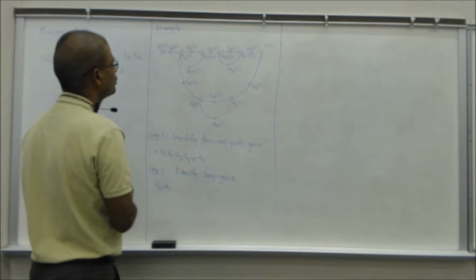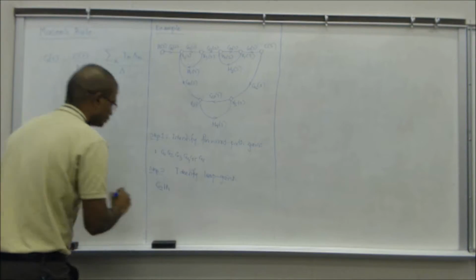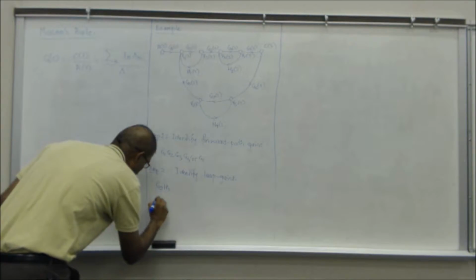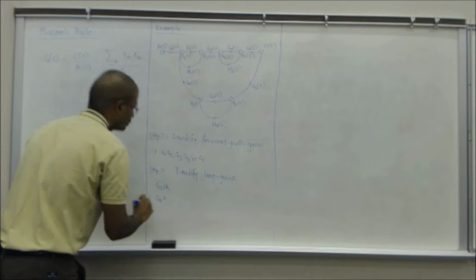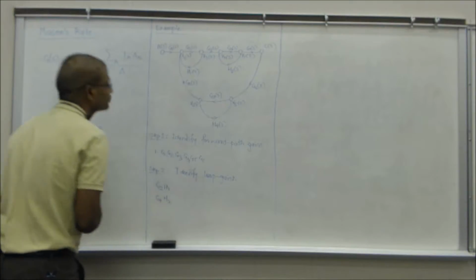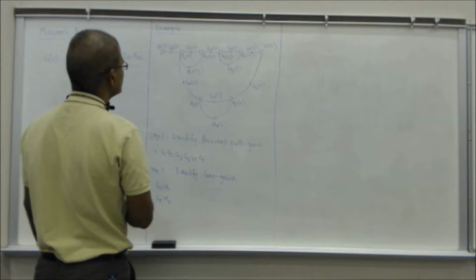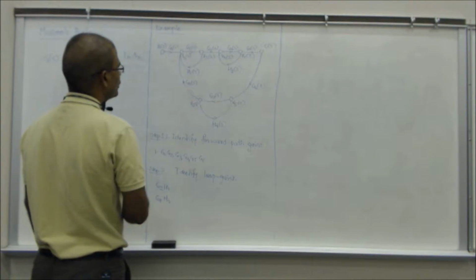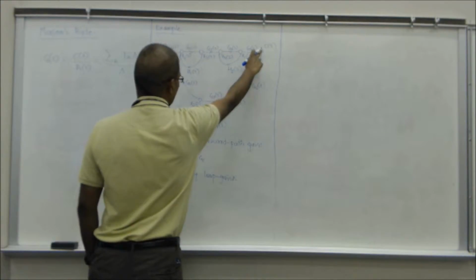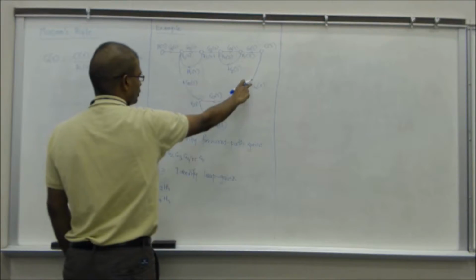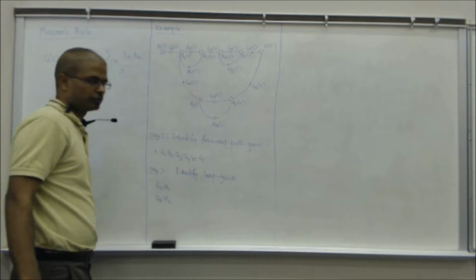G2, H1, you have G4, H2, sorry. All right. And what do you have? G2, G3, G4, G5, and G6, G7, G8, right?